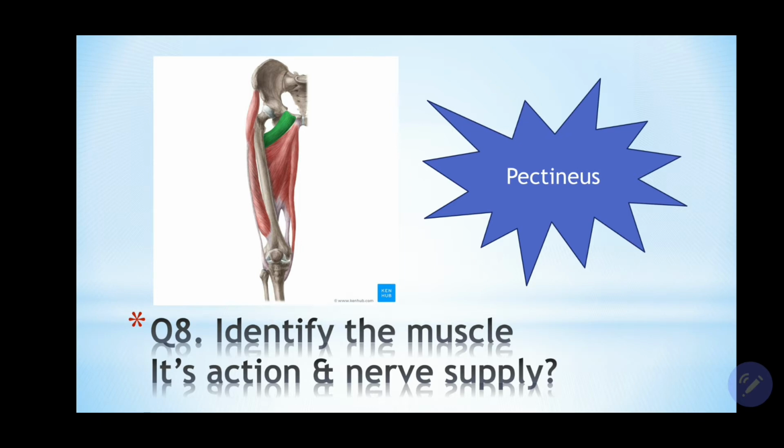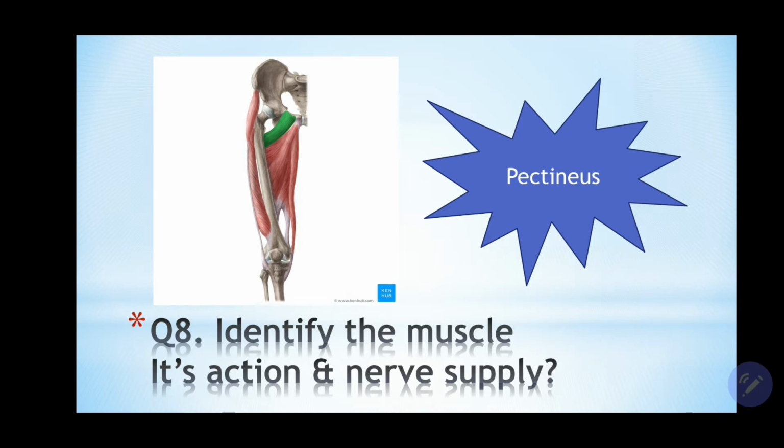And the nerve supply: because it is in the flexor and adductor compartments, the nerve supply will be the femoral nerve for the anterior or upper fibers, and the medial or lower fibers will be innervated by the anterior division of the obturator nerve. A very important point is that sometimes there is an occasional nerve, and that is the accessory obturator nerve.